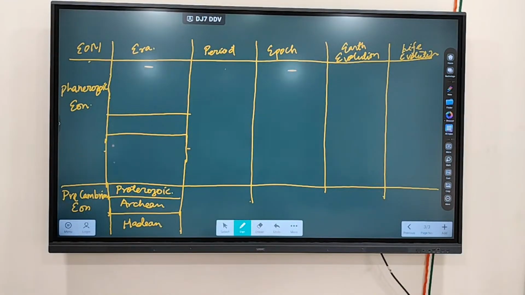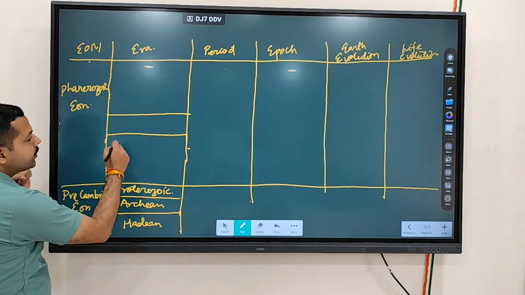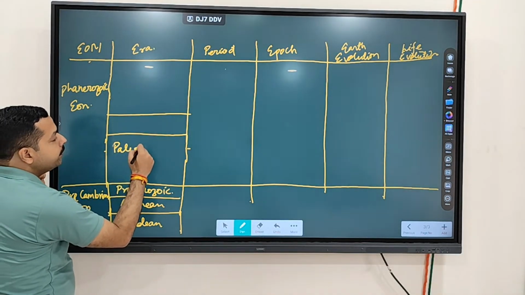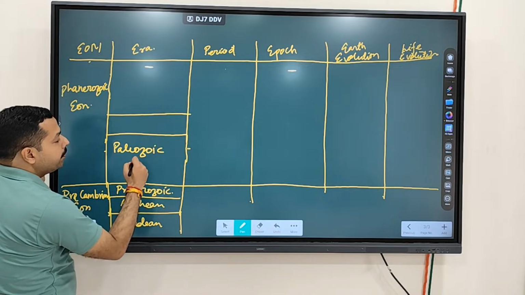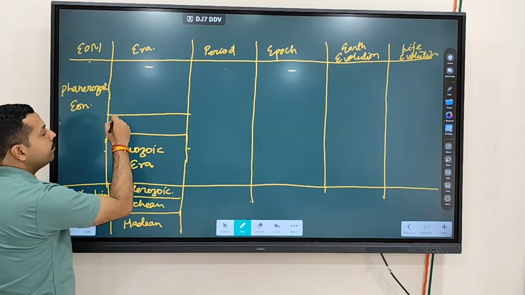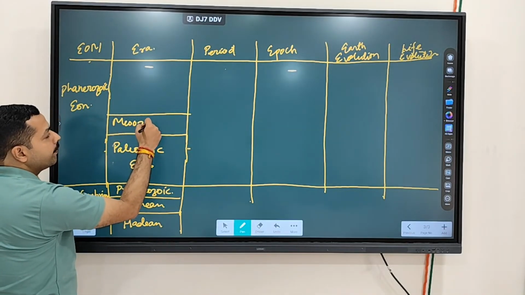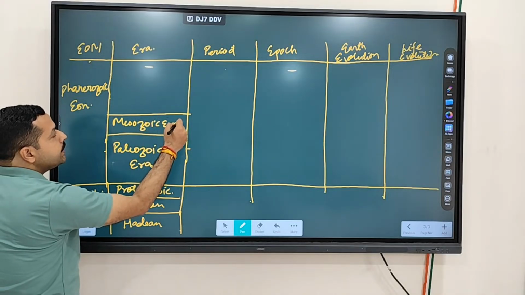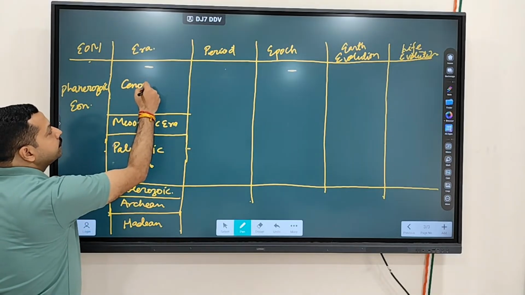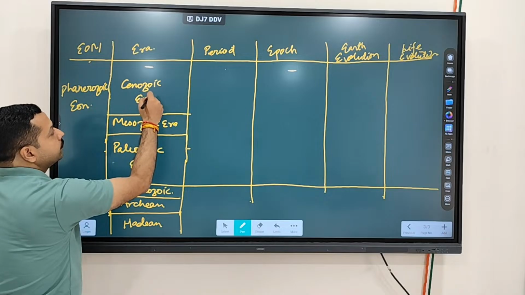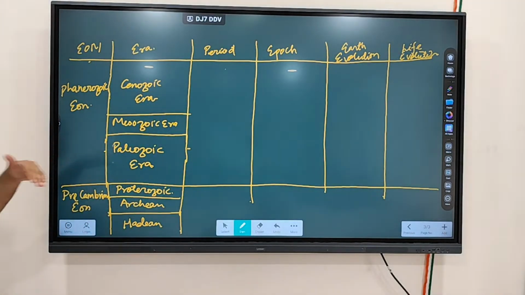Phanerozoic is divided into the Paleozoic era, Mesozoic era, and Cenozoic era.